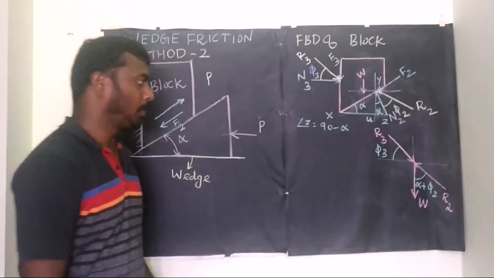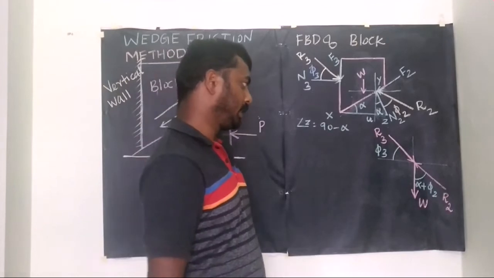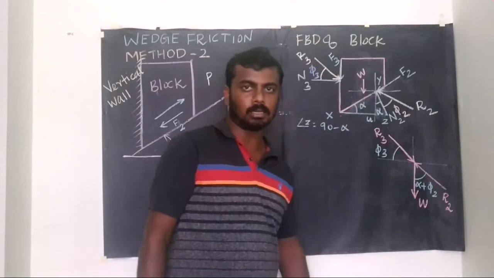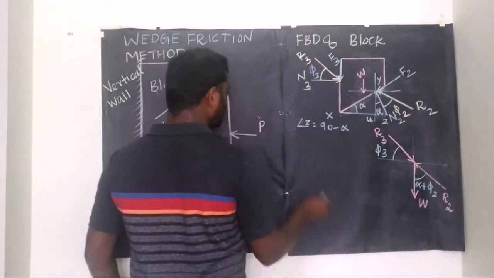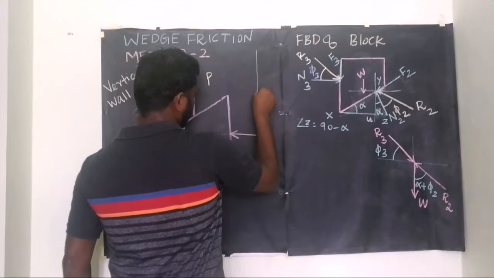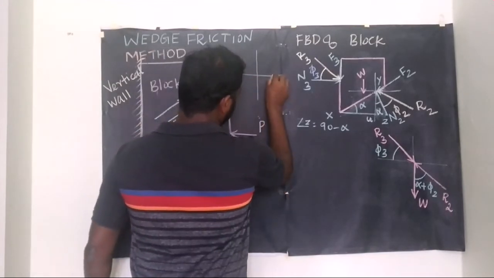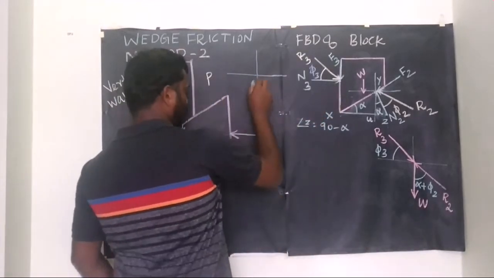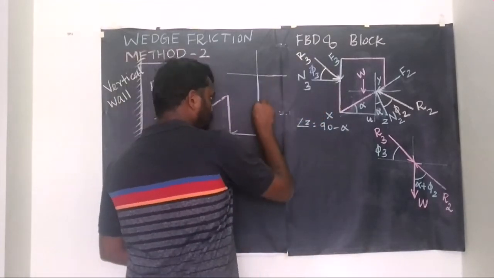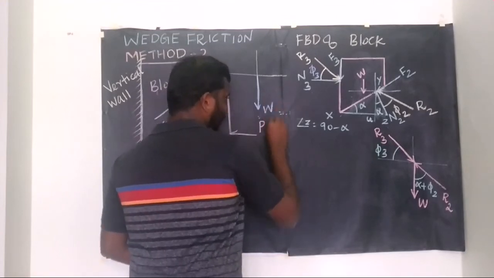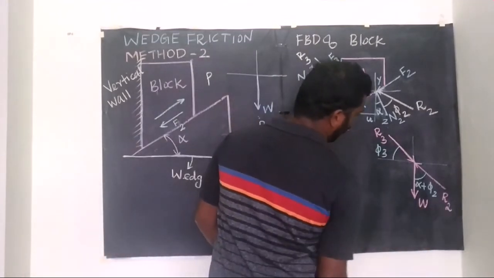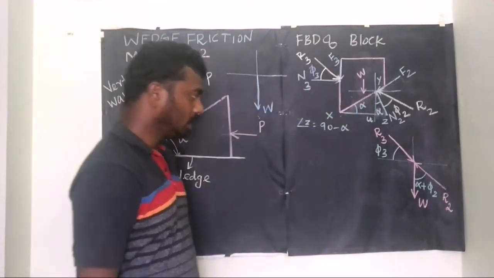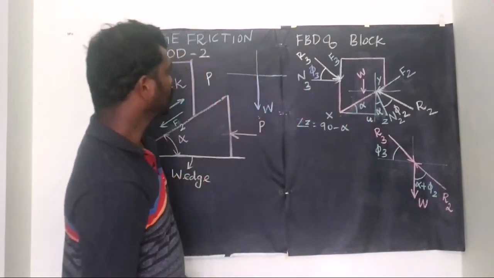Now I am going to apply the principle of transmissibility. With the help of that law, I am going to arrange these forces in some order. This is my reference x and y line. Then this self weight W is acting towards the ground. Then the resultant force R2 in the fourth quadrant, by using the principle of transmissibility, goes to the second quadrant.